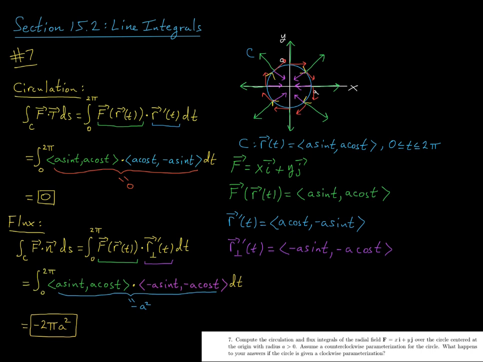Okay, so nonetheless, this vector in green, because it's radial, is always perpendicular to that tangential direction. So circulation should still be 0 as it is. Now the flux, though, that does change. And notice everything is essentially the same, except now we pick up a negative, right? A negative 2 pi a squared. And that's due to this. It's really a reverse in orientation for how we're moving around this path.